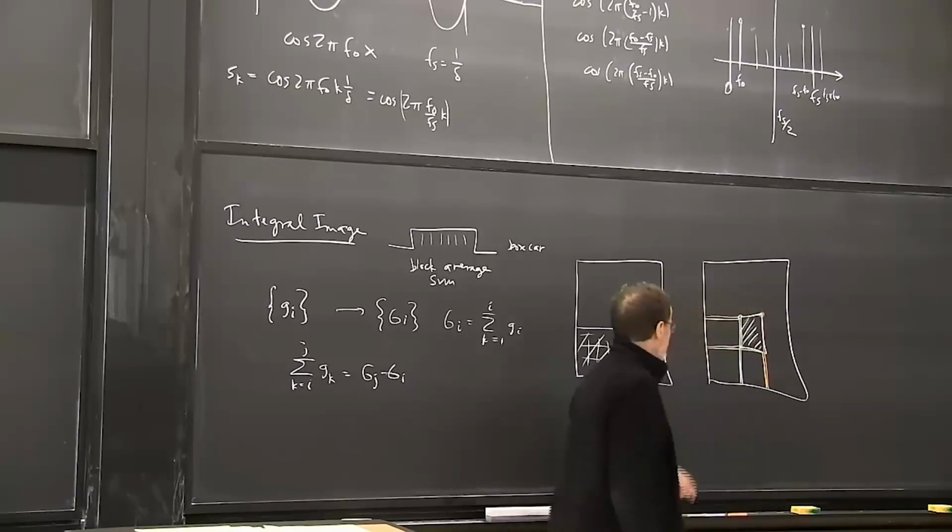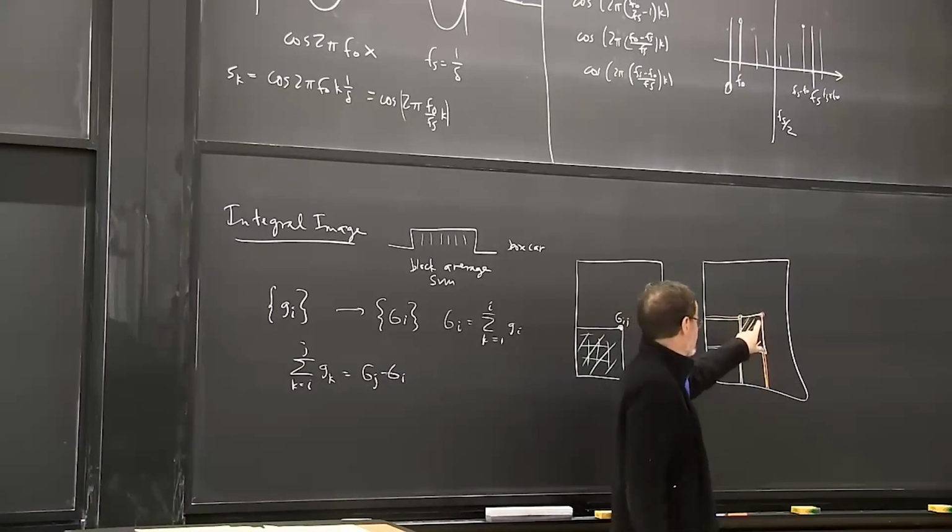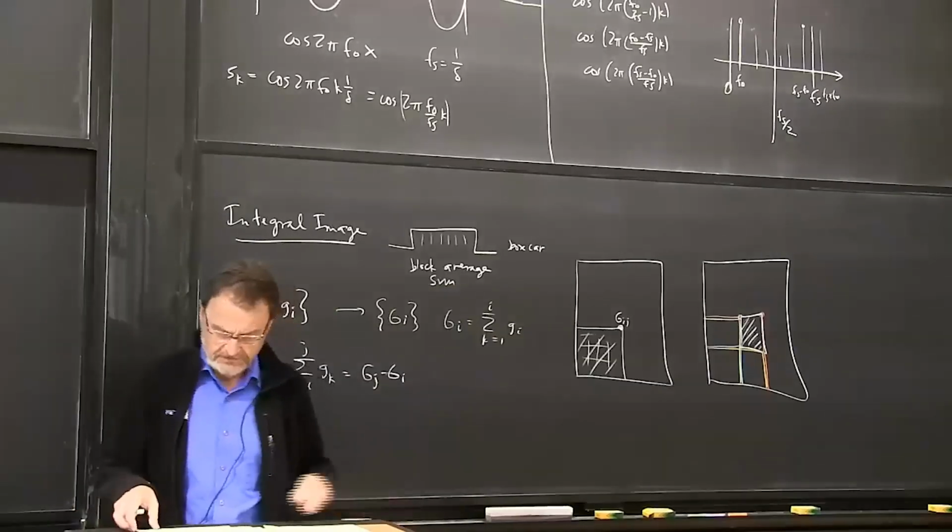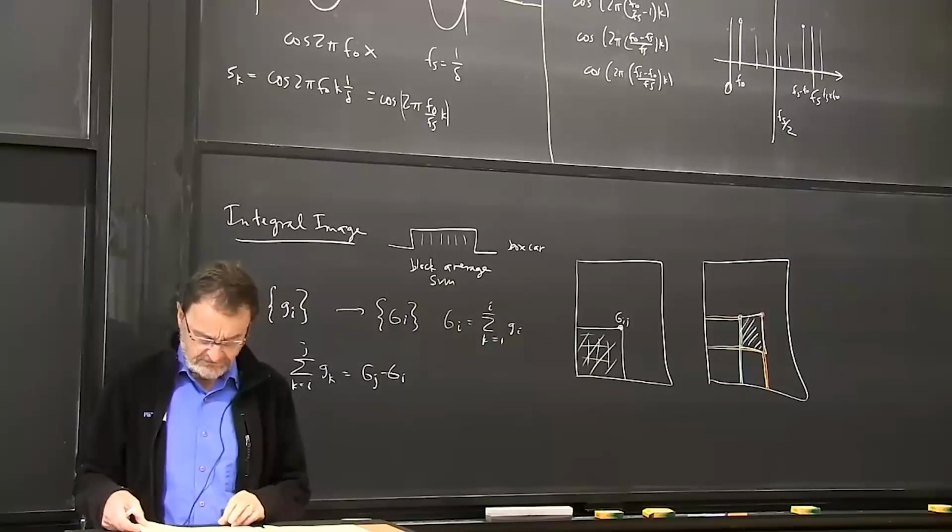So basically, we get the total over this rectangle by adding this and that and subtracting this and that. You can extend this to higher dimensions also, although I haven't seen much use for that.